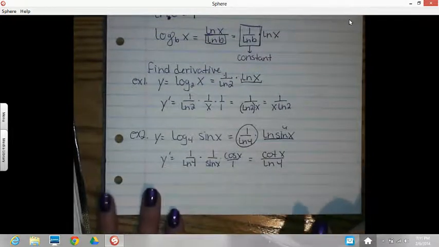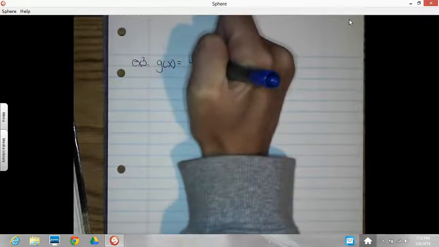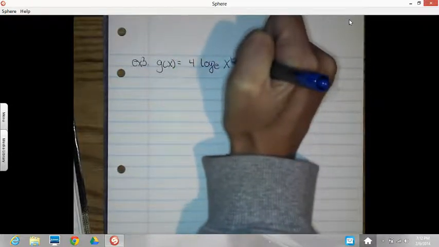Number 3, I need a new sheet. Number 3, let's go g of x equals 4 log base e of x to the 10th.